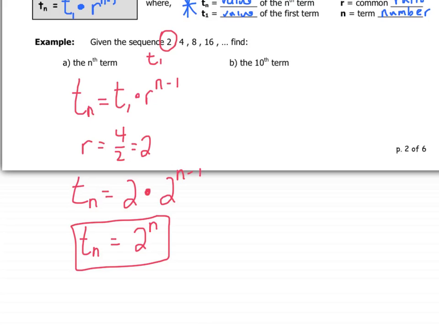Now, if we wanted to, in part B, find the 10th term, we just simply substitute for 10 in our formula, and we get that the 10th term is 2 to the power of 10. That's a really big number. That's in fact 1024. Notice with geometric sequences, if r is greater than 1, you'll actually end up with really large terms very quickly.